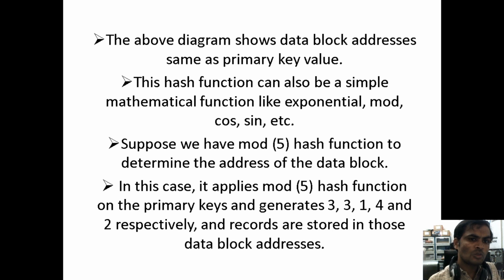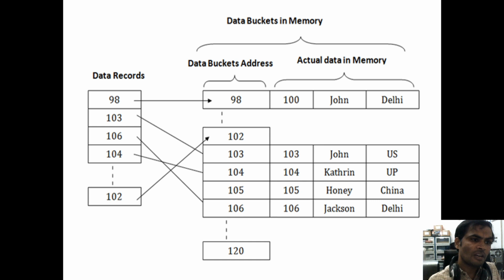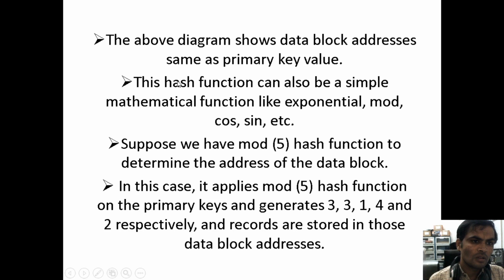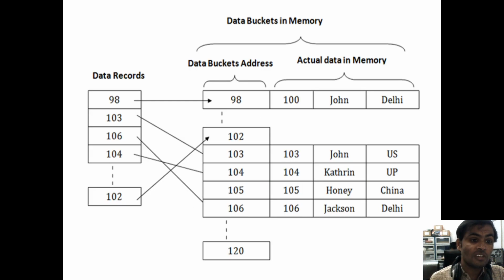The above diagram shows the data block address as a primary key value, meaning it is a unique value. The hash function generates your data bucket address.